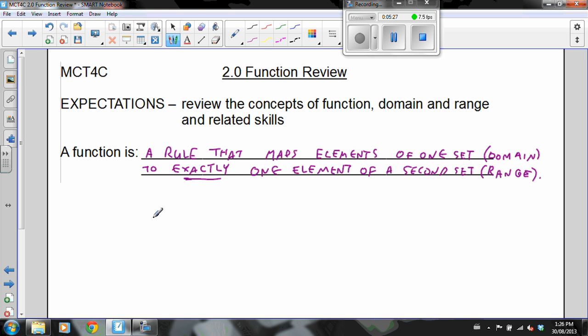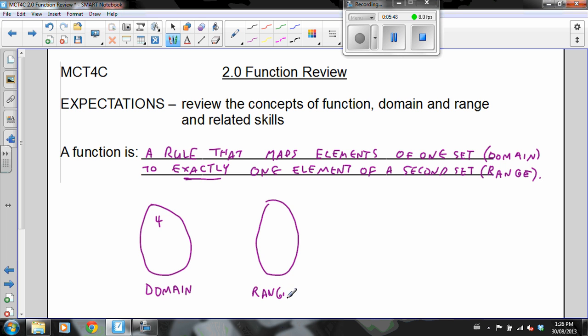Think of this, I don't know if you've ever seen these bubble diagrams. It's a picture where we think of this as the input set. This is a set of numbers, the input set, the domain. For instance, one of the numbers that might be in there is the number 4. And here's the second set, the range.